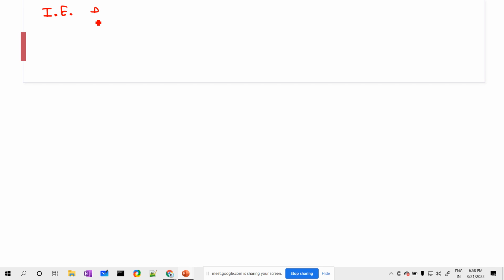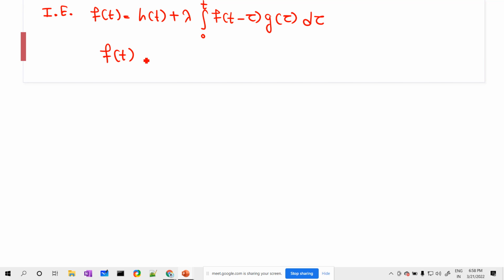Of the type f of t equals h of t plus lambda times integral from 0 to t of f of t minus tau g of tau d tau, right? The solution for this by using Laplace was nothing but Laplace inverse of H of s divided by 1 minus lambda times G of s. Right? So this is something that we started in the Laplace transform. With this we conclude.